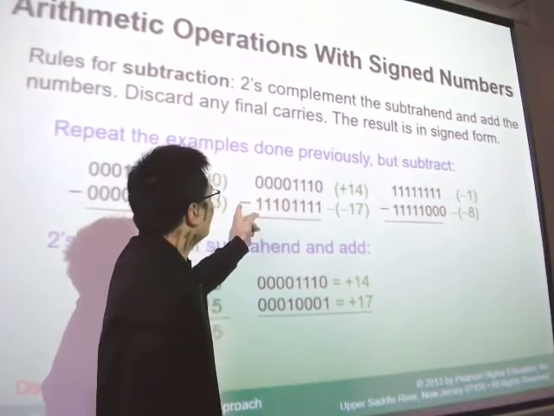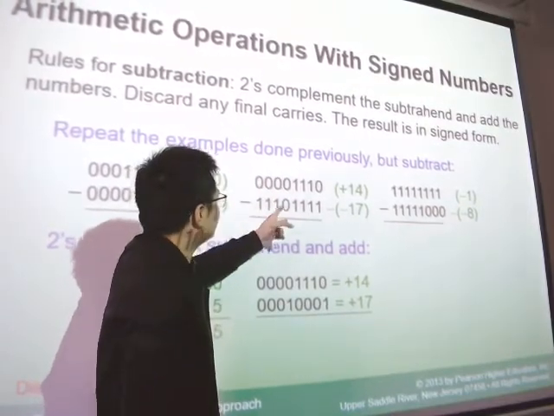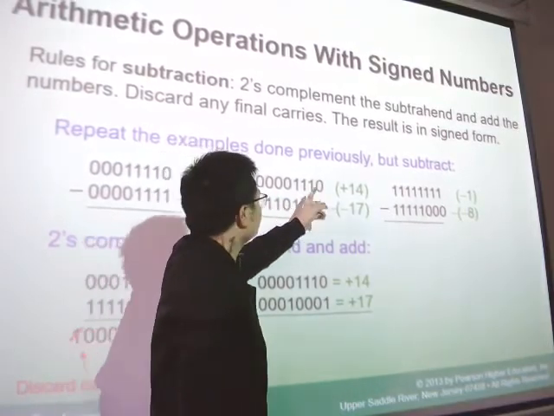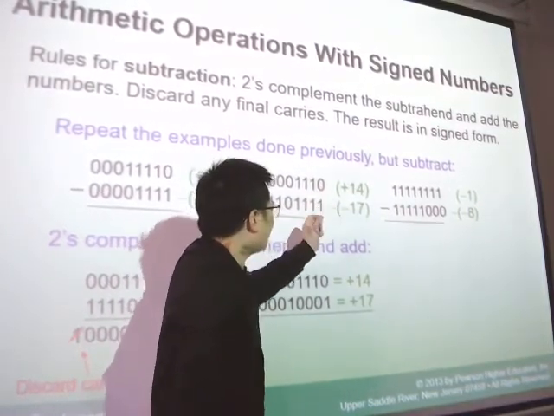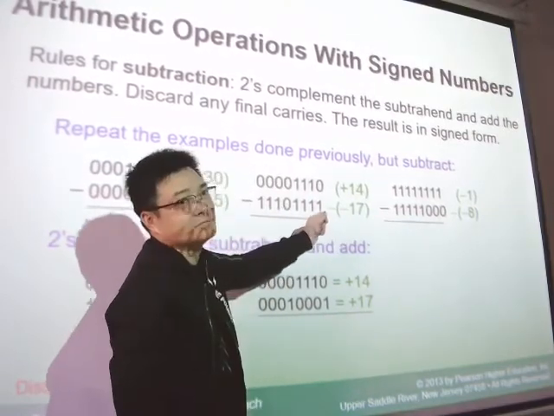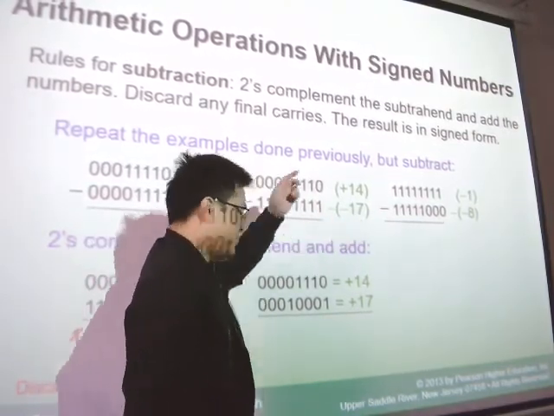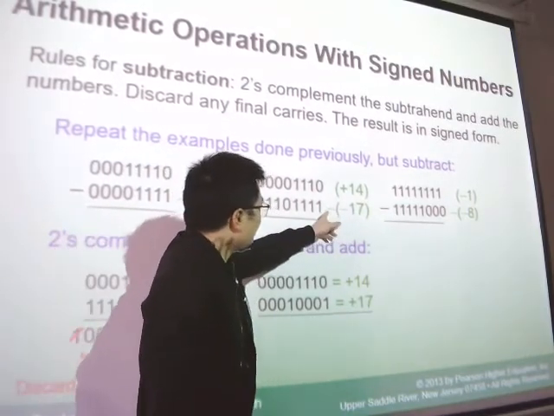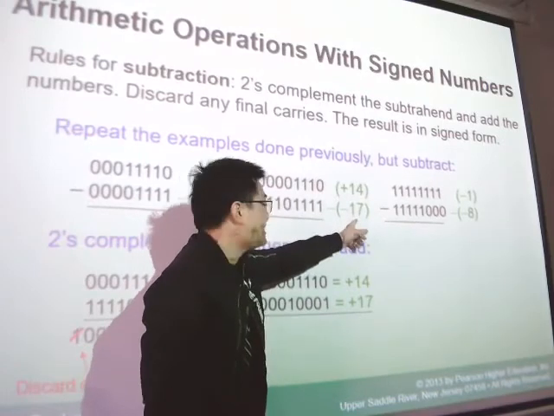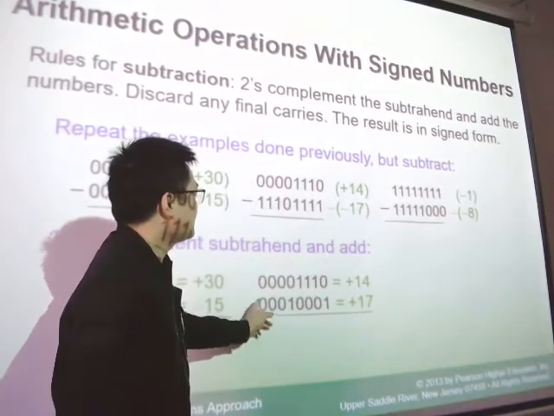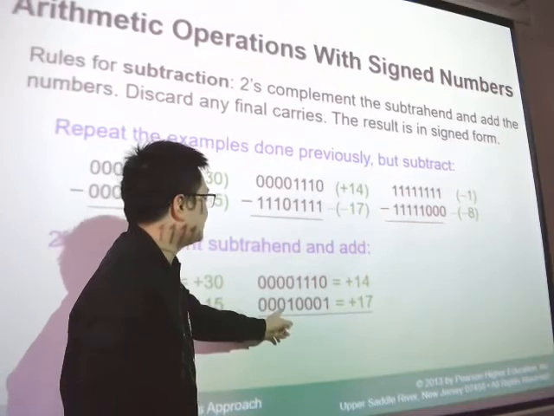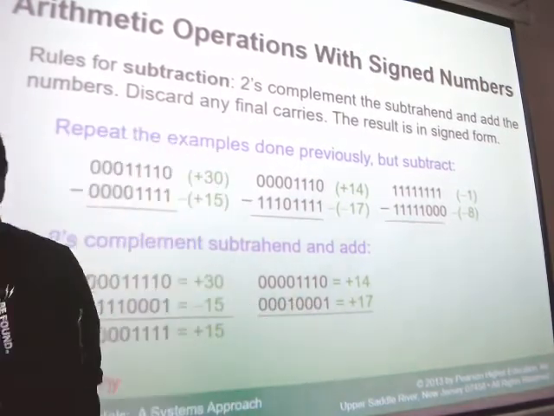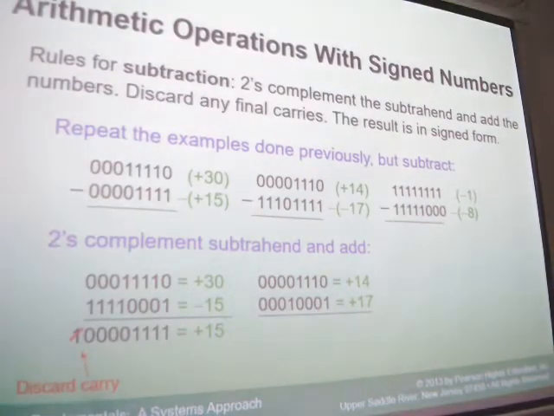So this number is similar to this number plus a positive number. So positive number 17, its binary number is 0, 0, 0, 1, 0, 0, 0, 1. You know, 17.